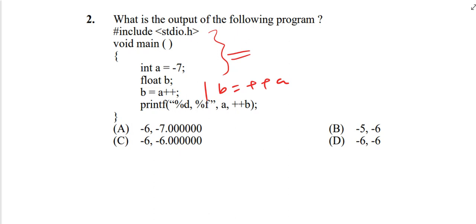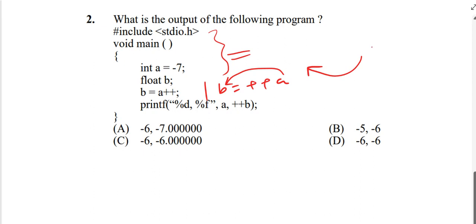Plus plus a means after incrementing, the value will be assigned to b, and a plus plus means first assign the value of a to b, then a will be incremented.